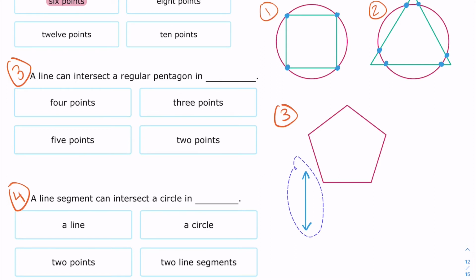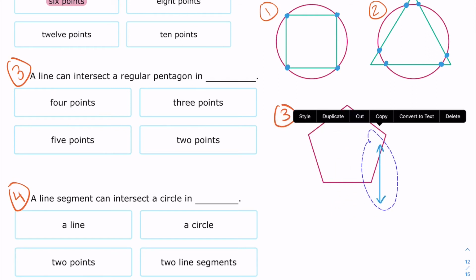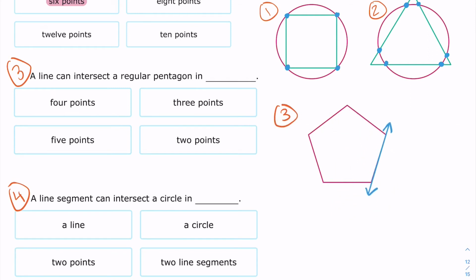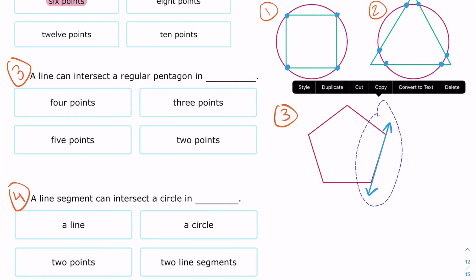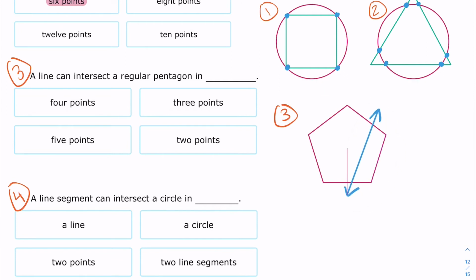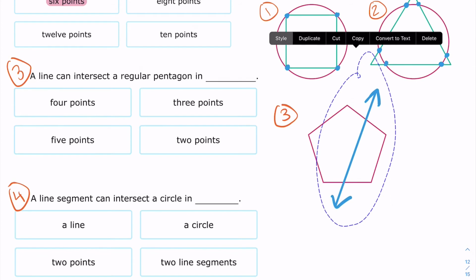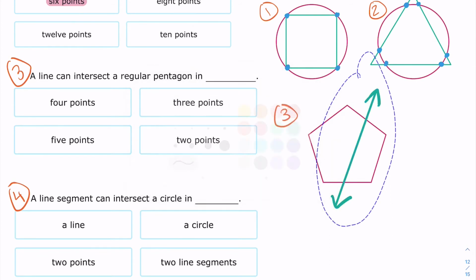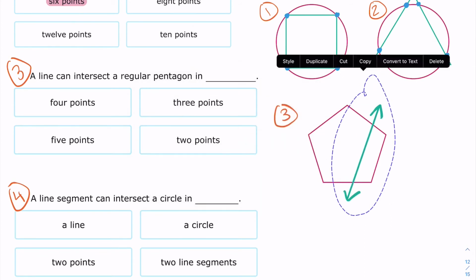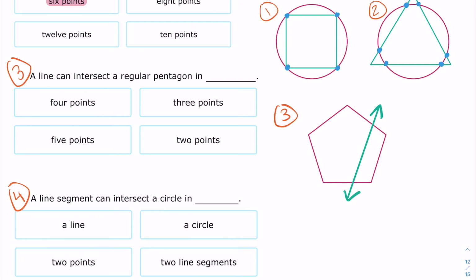Well, I can get 1 point. I can intersect it at a ray, a line segment, and I can get 2 points, and that is all I can get. I can only get 2 points no matter how I intersect it. So 1 and 2. So my answer here for this one is 2 points.